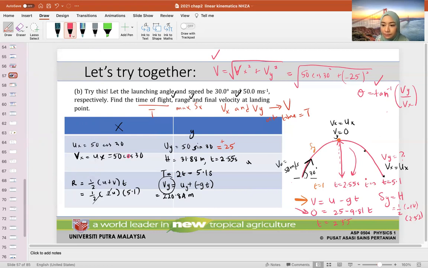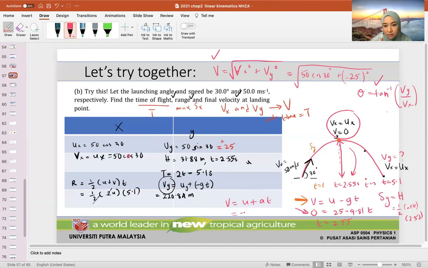Okay. So, pakai balik equation tadi, V equals to U plus AT. And the V is something that we don't know. Apa yang kita tahu? Kita tahu kat sini je. Kat sini kita tak tahu. So, kita tak boleh letak kosong kat situ. The 0 only applies here. I want the V at time 5.1.